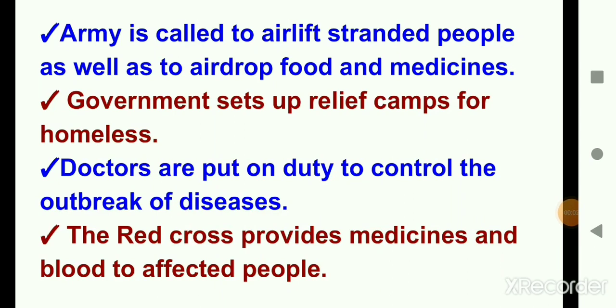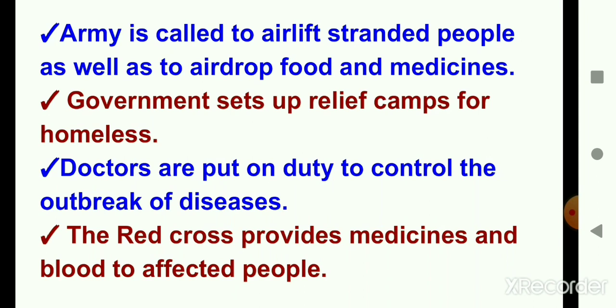In our last class, we saw due to cyclones how people were affected and who all came forward to help the affected people. Let us see. Army is called to airlift stranded people as well as to airdrop food and medicines.